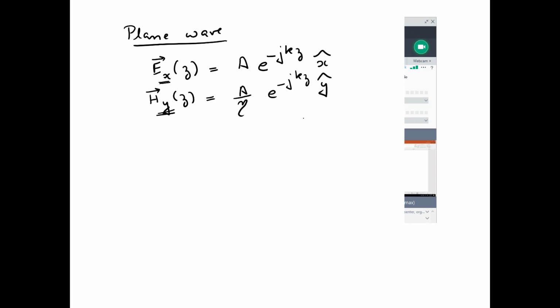And these were the only two components which were present. This was your propagation term. This was your amplitude. And the eta term was your wave impedance.